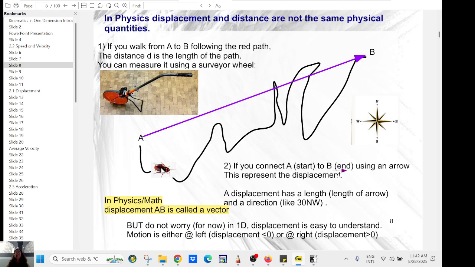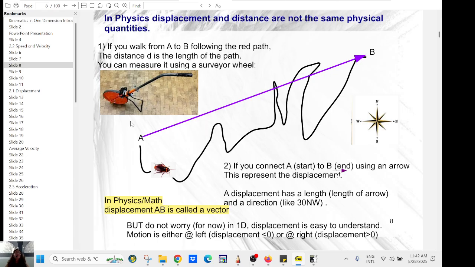So let's say you have a cockroach here. It takes a walk like this, right? It's starting at point A and it's going to end at point B. So A is the starting point and B is the stopping point. We are just considering the motion between A and B. And it's going this way, that way, that way, this way, that way.